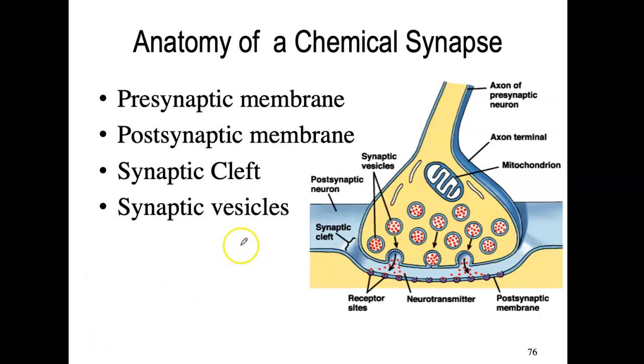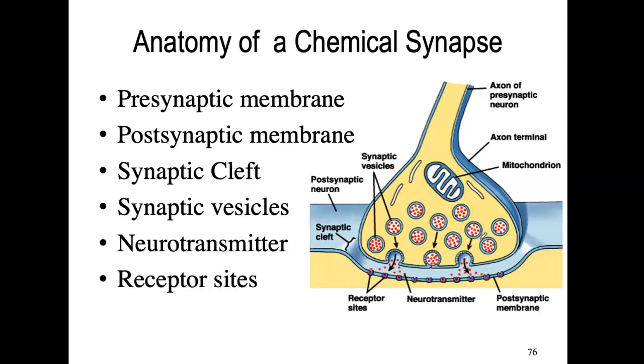Continuing along, the synaptic vesicles then are going to be in this terminal portion, in the axon terminal here of the presynaptic cell. And all of these are little balls with neurotransmitter in them. They contain the neurotransmitter, and the receptor sites are going to be the ones that receive that neurotransmitter.